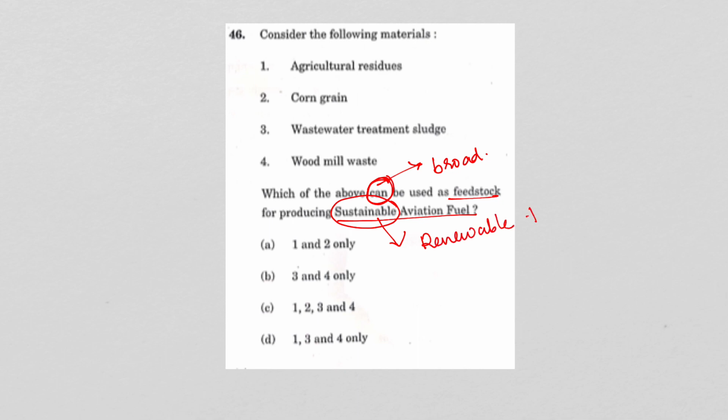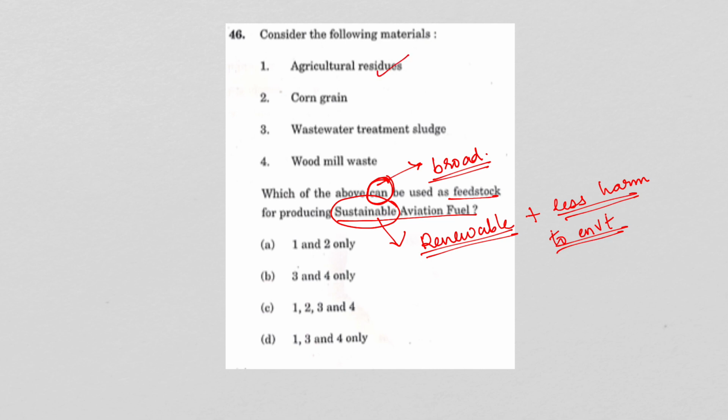Renewable plus less harm to environment in terms of pollution or negative externalities. So these two things are important here, which means that from the options you have the freedom to choose any option because it's a broad thing asked. Also, the only thing that you must consider here is whether the option given leads to something renewable or less harm to environment.